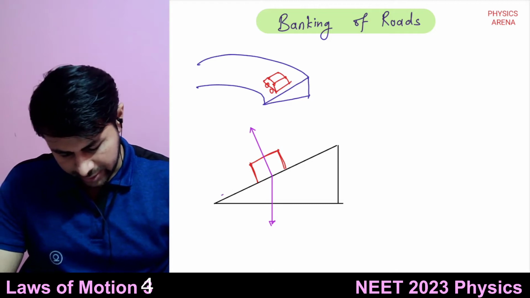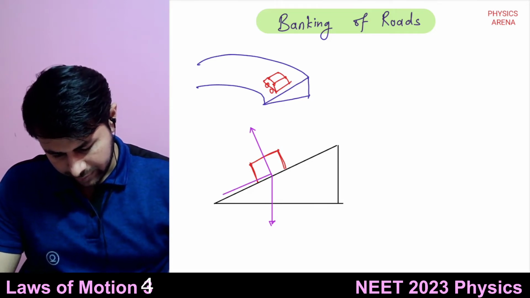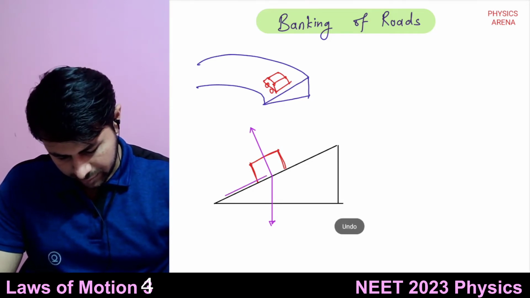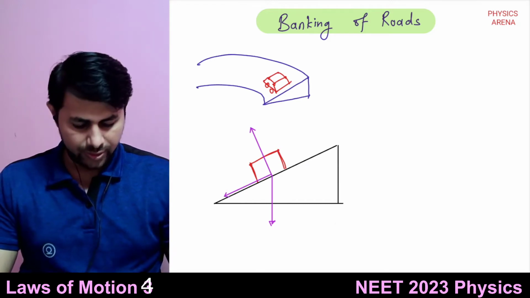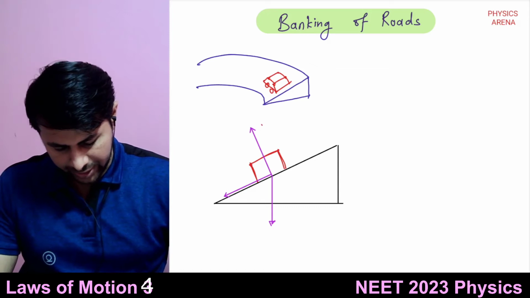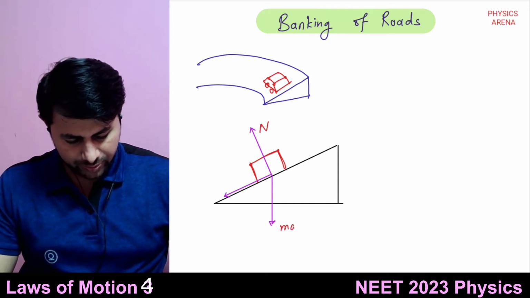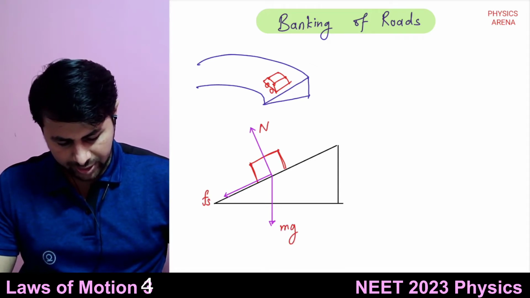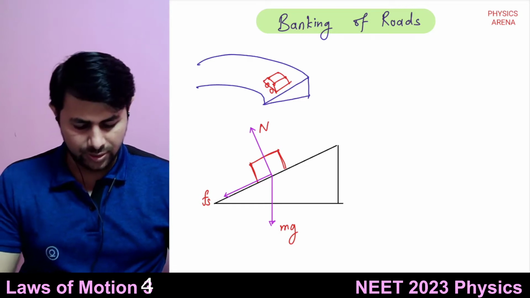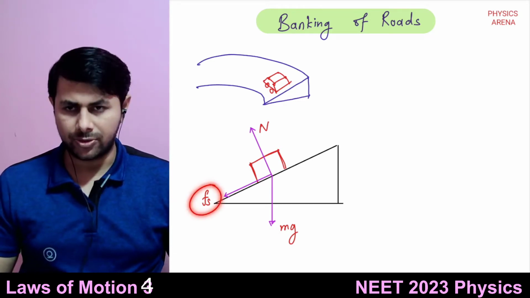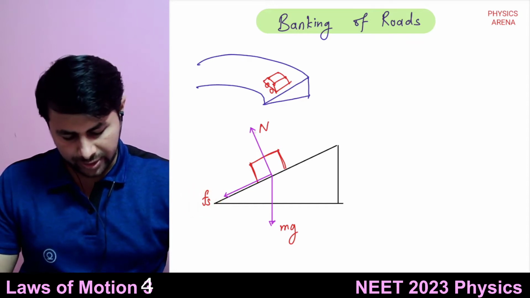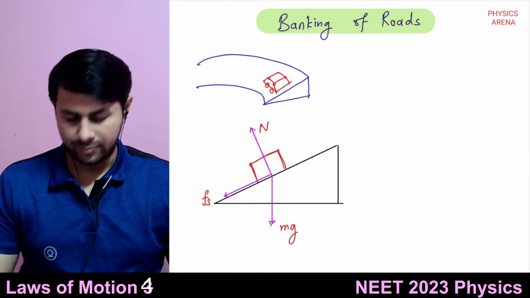So let us draw frictional force in this direction. Now this is the normal reaction, this is the gravitational force mg, and this is the frictional force. Now the centripetal force is provided by a component of this frictional force and a component of normal reaction.